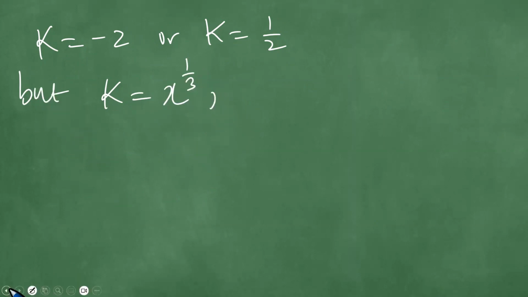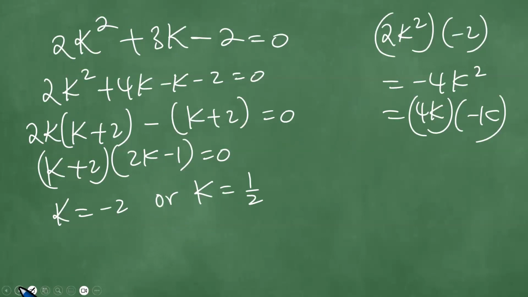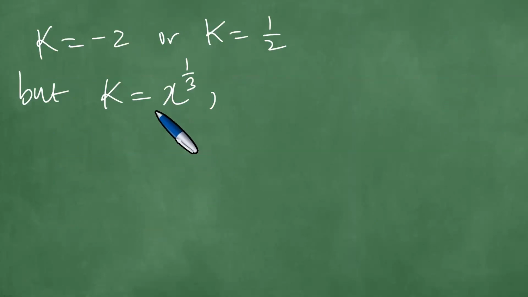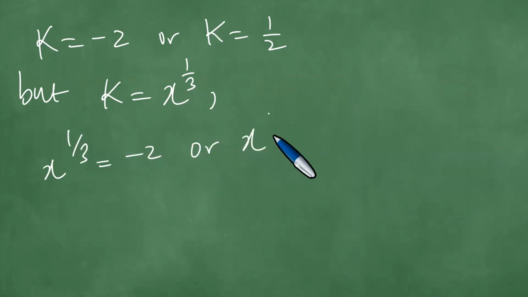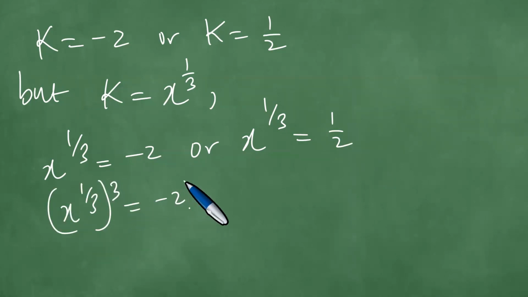Because we said here that x to the power 1/3 is k, wherever the k is, we can put x to the power 1/3 equals minus 2, or in the place of k, you put x to the power 1/3 equals 1/2. Because it's x to the power 1/3, you cube the left and cube the right as well to remove the 3.